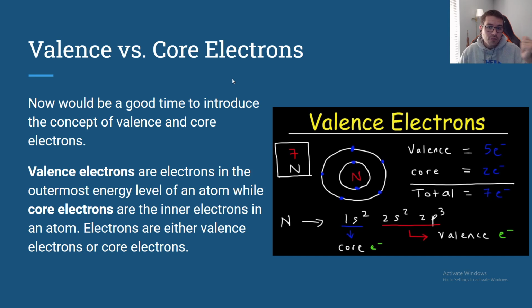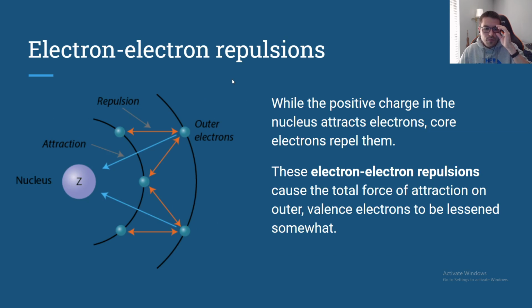Okay, so we've got valence versus core electrons. The presence of core electrons can do something kind of interesting, okay? So we've got positive charge in the nucleus, right? Here's that letter Z again, representing the nuclear charge. So the positive charge in the nucleus attracts electrons, but core electrons can repel other electrons.